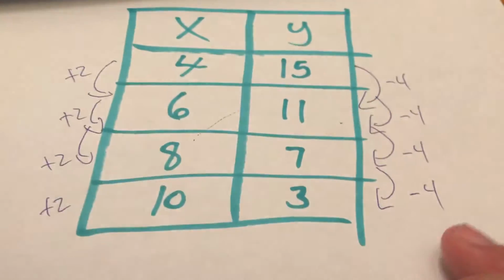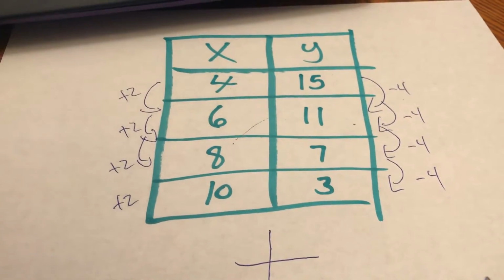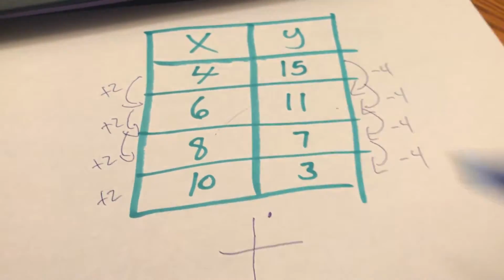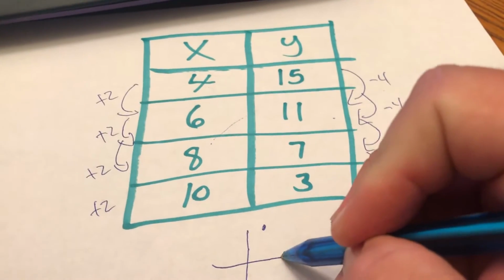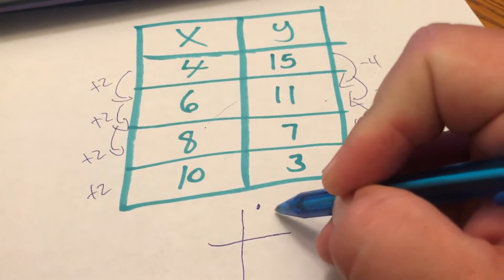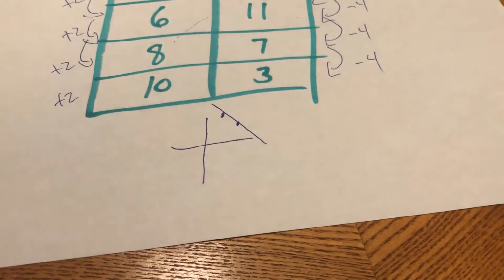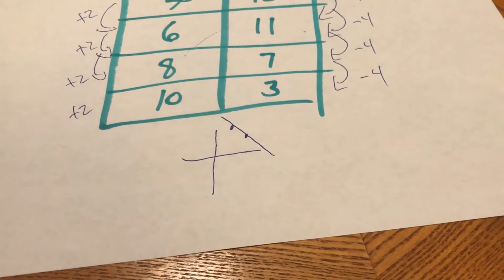And if you ever want to check, that's where that sketching thing I told you about comes in. So here I'm just going to do this, and I know it's kind of tough. And I can see 4, 15 is right here, and then 6 and 11. So 6 would be a little bit further right and a little bit less. And if I connect those two dots, we can see right there that that is going to be a negative slope.